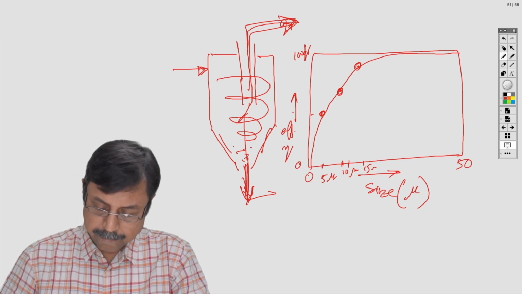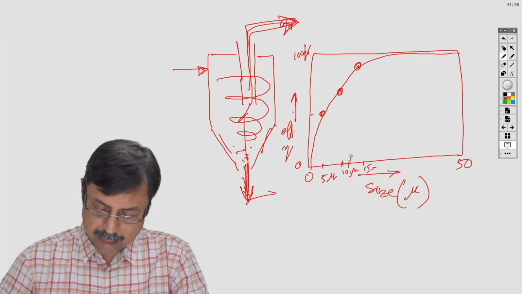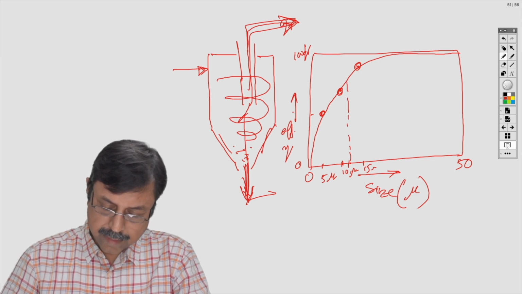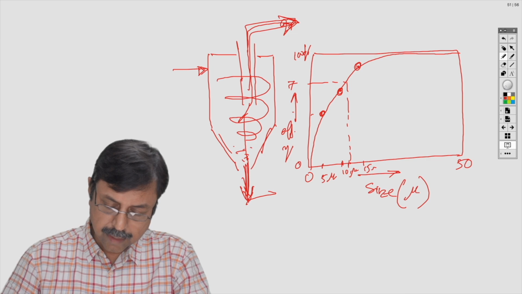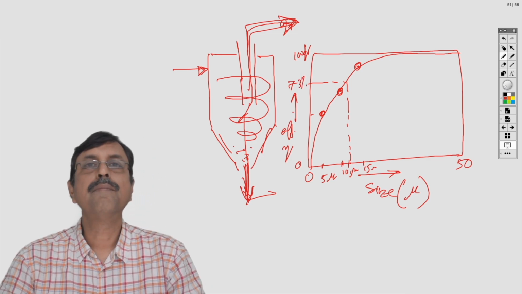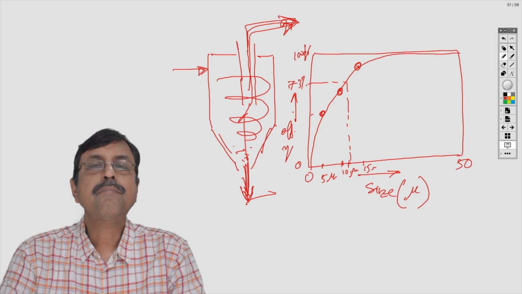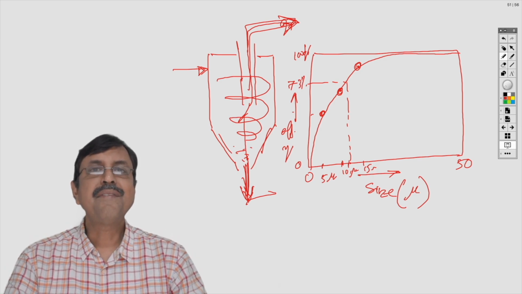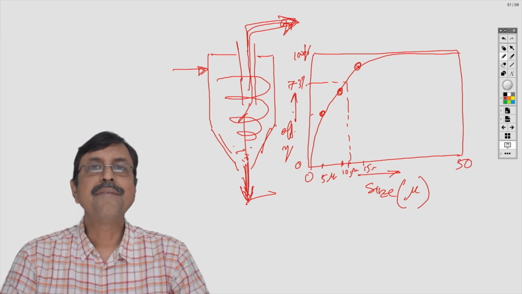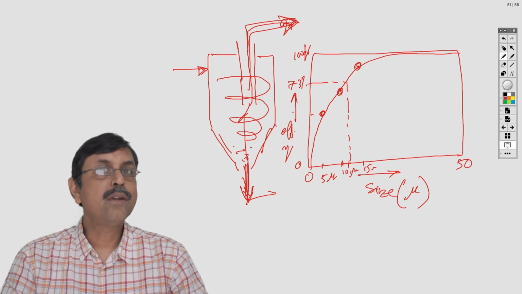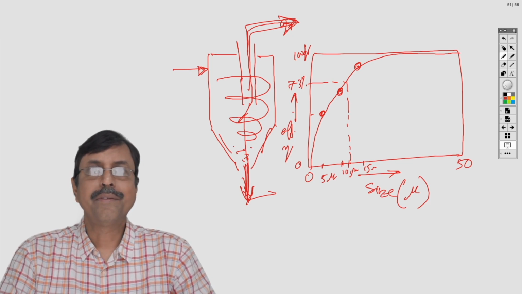We'll put somewhere at 12 micron, and we can say that it will be somewhere 70, say 3% or so, based on the curve that we get. So this efficiency curve we should have in order to design or simulate a cyclone separator.